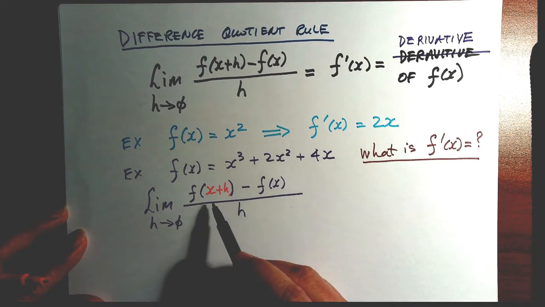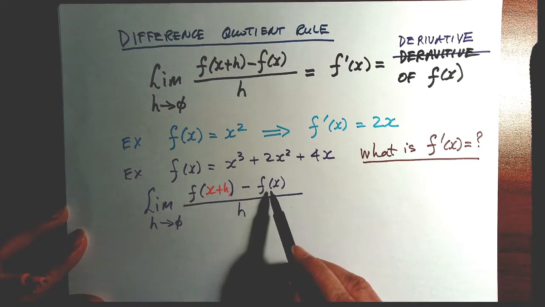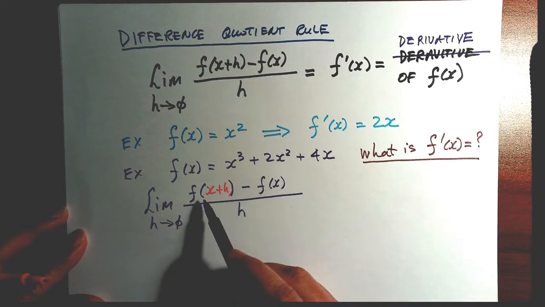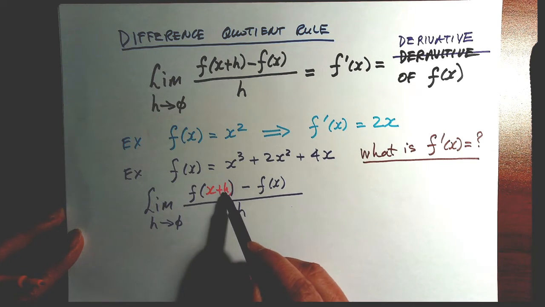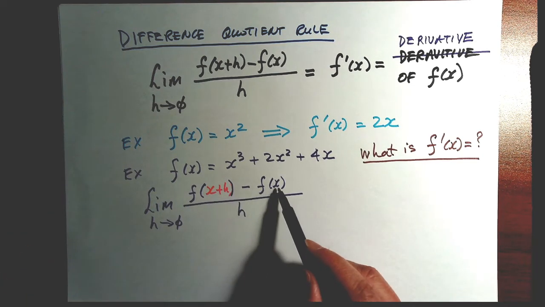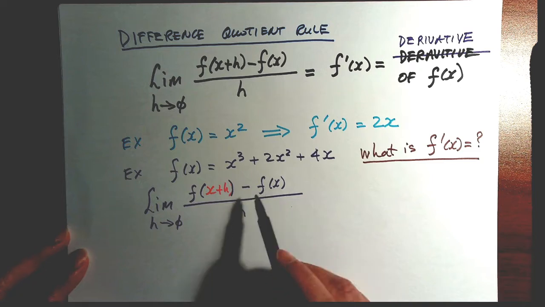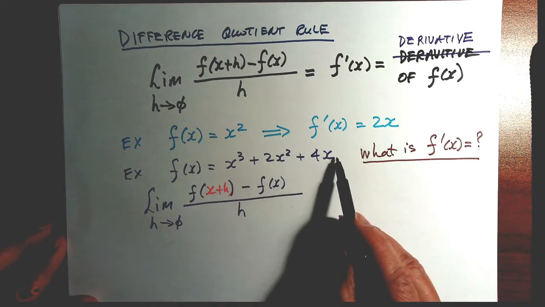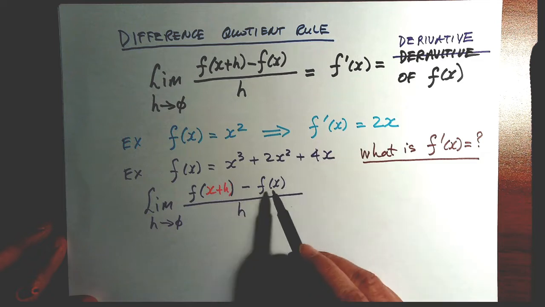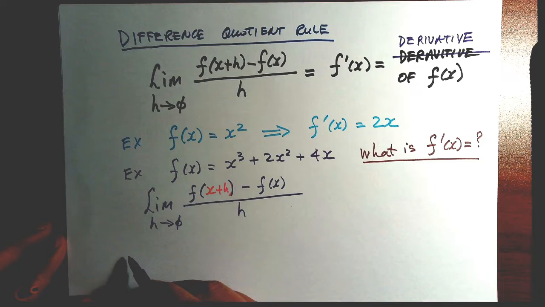So we have this function twice over, and we are subtracting: the function with x plus h plugged in, minus the same function with only x plugged in. Let me write it out for you.